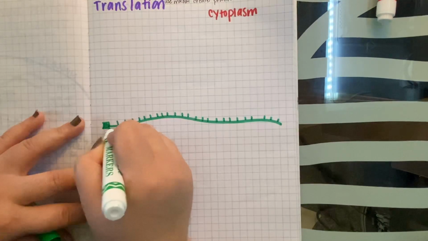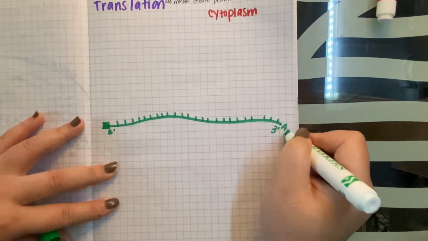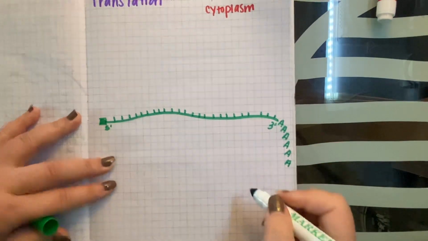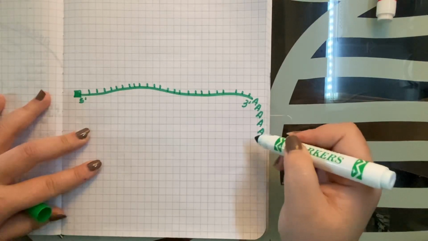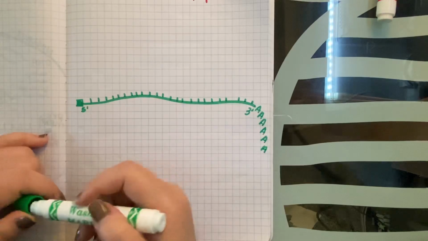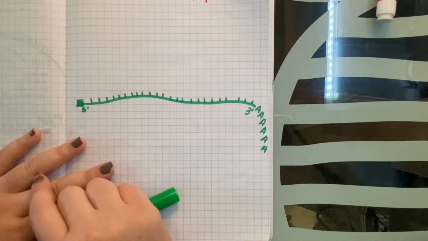This is my 5' end. My 3' end still has that poly A tail. Right? But there's a ribonuclease down here and it's chopping those off one at a time. So hopefully we can make our proteins before that ribonuclease gets to our actual coding sequence. Cool.